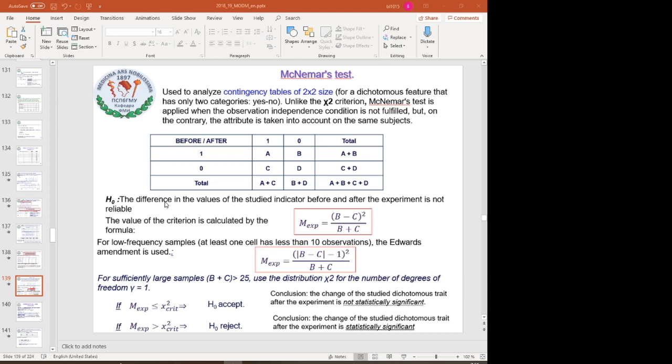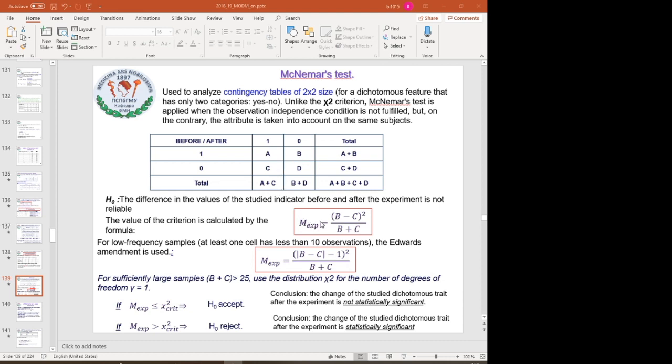The difference in the values of the studied feature before and after the experiment is not significant. So the number of patients that lose this property is statistically the same as the number of patients that got this property. So we compare actually C and B.